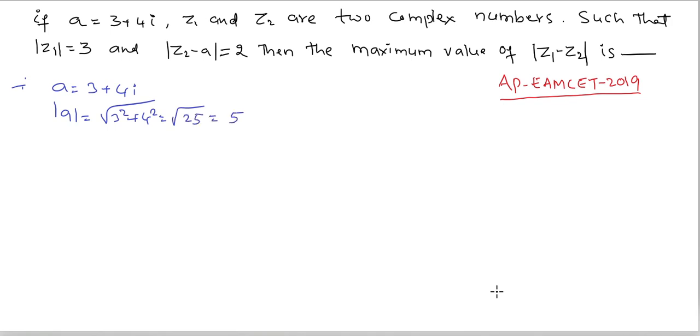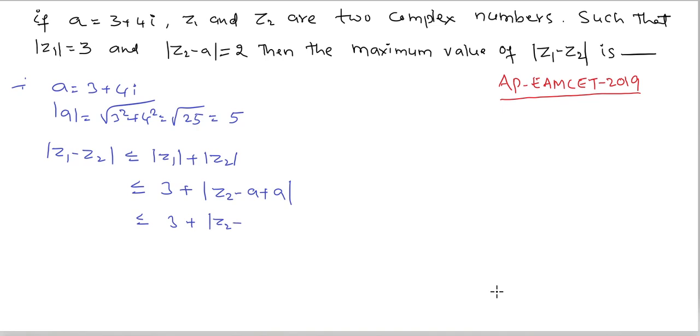Now we know that modulus of z1 minus z2 is less than or equal to mod z1 plus mod z2. Here mod z1 value is given, that is 3, plus mod z2 is written as z2 minus a plus a, which is less than or equal to 3 plus mod of z2 minus a plus mod a.